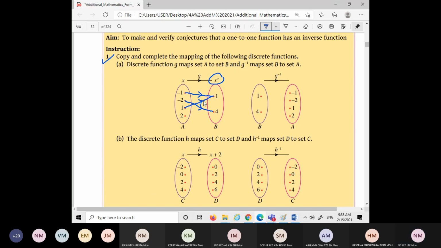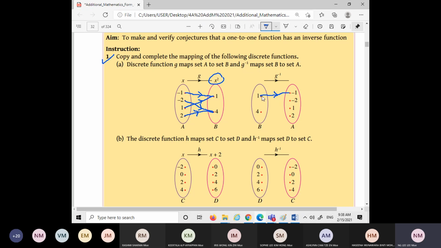Okay, come back. Sorry. So this one square it, you get 4. The inverse is the other way around. Okay, the inverse is this way.